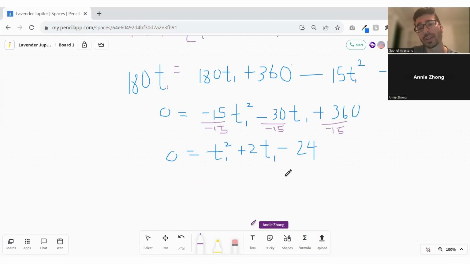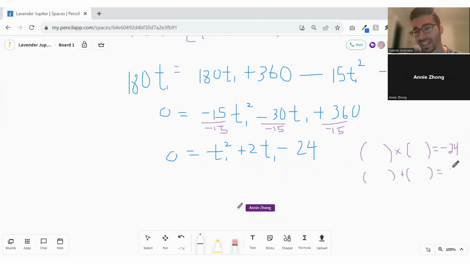If you're trying to factor it, you're thinking of two numbers that multiply to what? Two numbers that multiply to 24. Positive or negative? One could be positive and one could be negative. So those should multiply to negative 24, and those same numbers have to add to 2. I'll give you a second to try to figure it out.